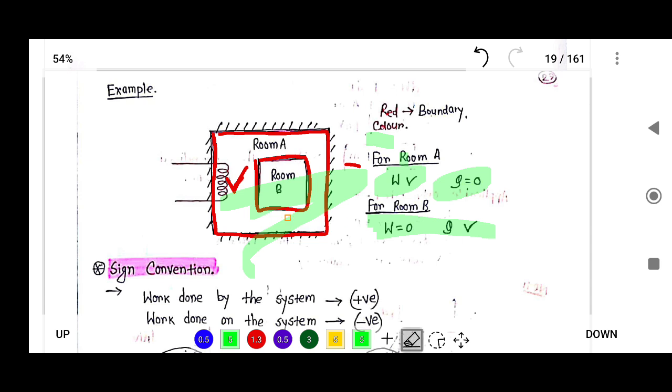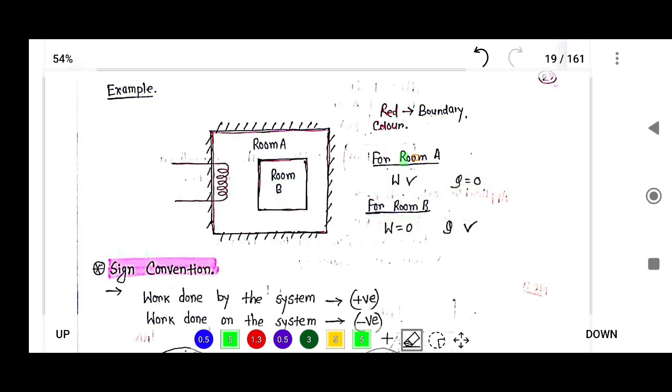So for system A, work is transferred and heat is not transferred. But for system B, work is not transferred, but heat is transferred.